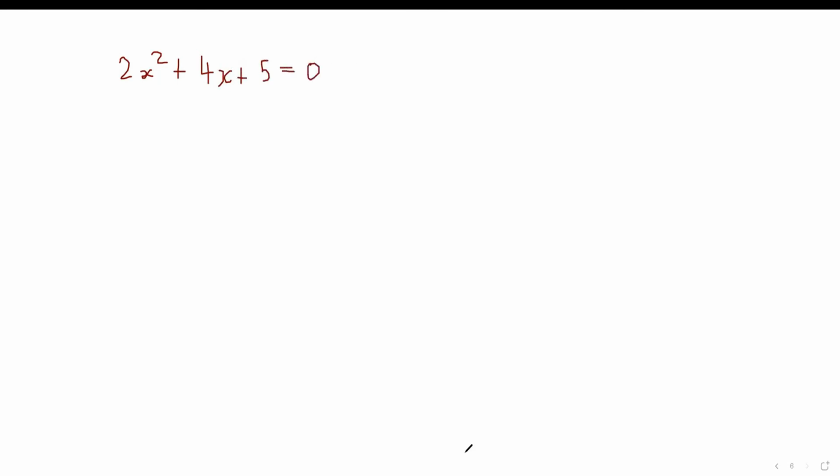All right, nice. And so what they tell us is that the roots are alpha and beta. So write down alpha plus beta. By the way, I have to put that the roots are alpha and beta.